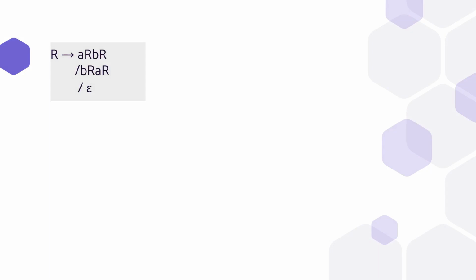Here we have a grammar and we will be finding the first of R. You can see here that the first terminal of this particular production is A. That's why we would include A in our first of R. Then the second production would give B, and lastly epsilon. So you can easily guess that whatever first terminal we get in a production will be called the first of R.